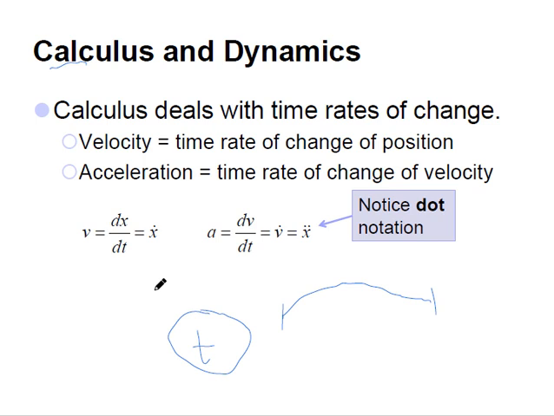Of course, we also use another symbol, the dot notation, right up there. If you have a little dot over a little v, that's showing you the change in velocity over the little change in time, which is your acceleration. So that's just defining the time rate of change of velocity.